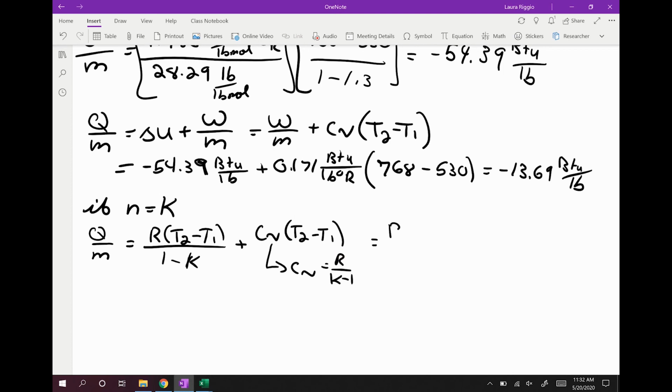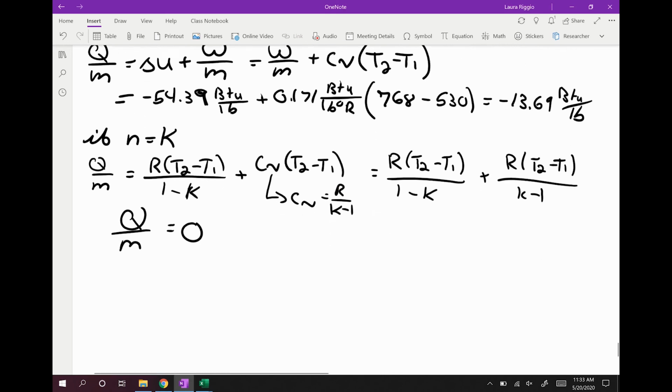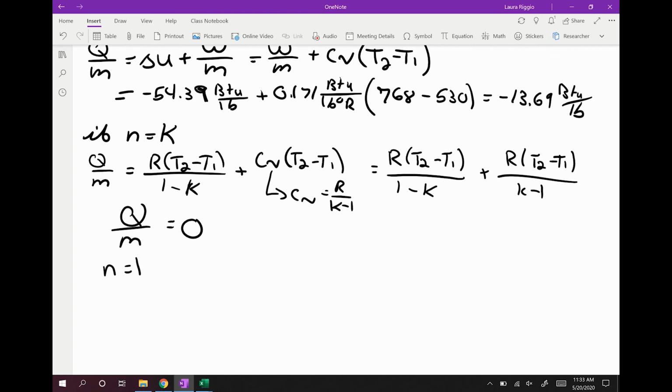So I'm actually going to get R(T2 minus T1) over 1 minus k plus R(T2 minus T1) over k minus 1. So my heat transfer per unit mass is equal to 0. And that is an important concept. For n equals k, it is an adiabatic process.